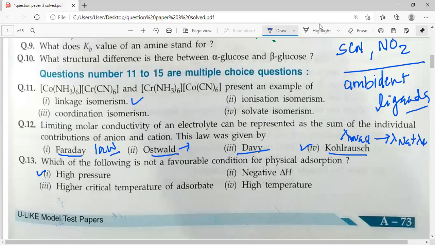The amount of metal deposited on an electrode depends upon the equivalent mass of the compound, and the amount of metal deposited on the electrode is directly proportional to the amount of current, or you can say the amount of charge that we have passed. These are the two laws given by Faraday, and they are known as Faraday's laws.